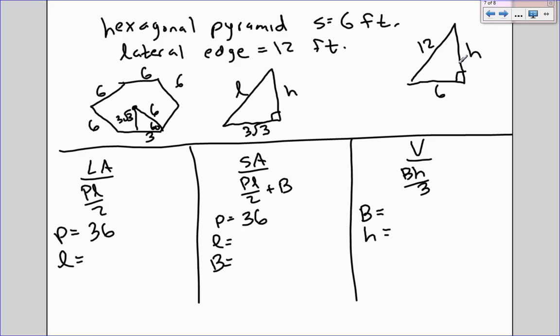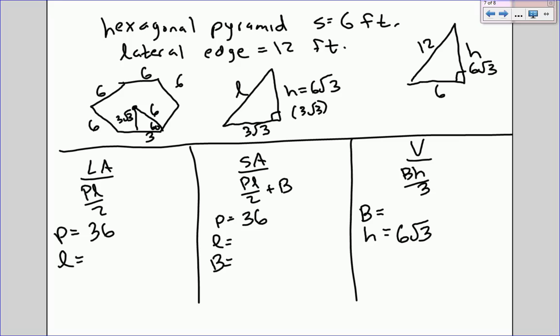So we do the Pythagorean theorem. 144 minus 36 gives you 108. Square root that, and you get 6 root 3 as the height. Oh, look at that. We just solved for h, 6 root 3. Now, we use that 6 root 3, and we plug it in here. Do we have enough information to solve for the slant height? We do. We use the Pythagorean theorem.